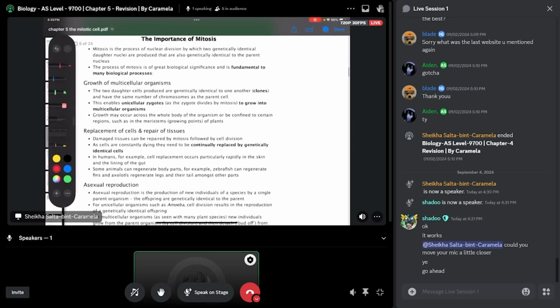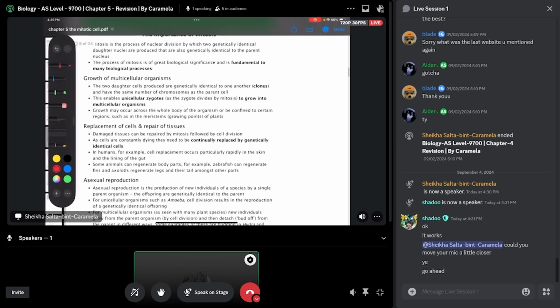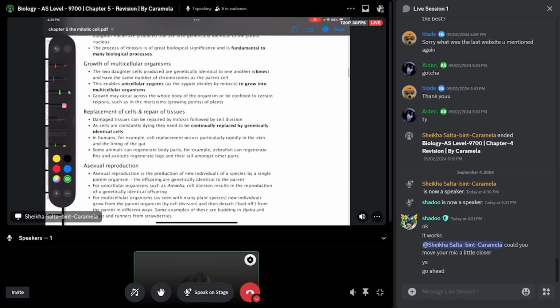Now, what is the importance of mitosis? Mitosis is basically 2 genetically identical daughter nuclei being formed from one parent nucleus, right? It's very important because we have 4 purposes for it. First, we have growth of multicellular organisms.